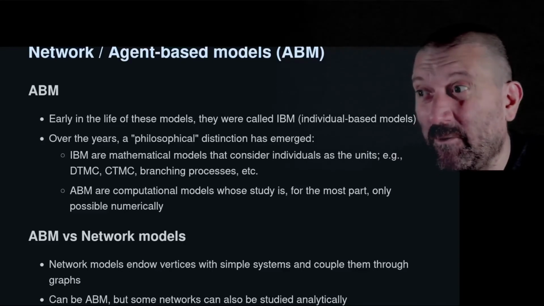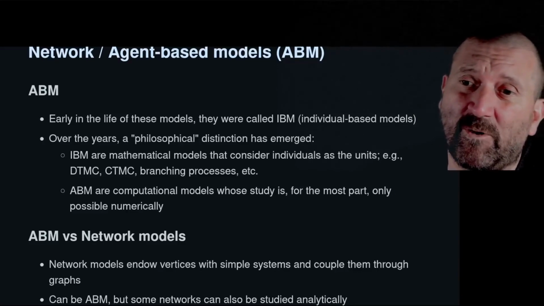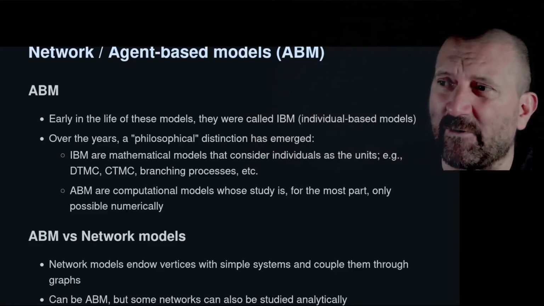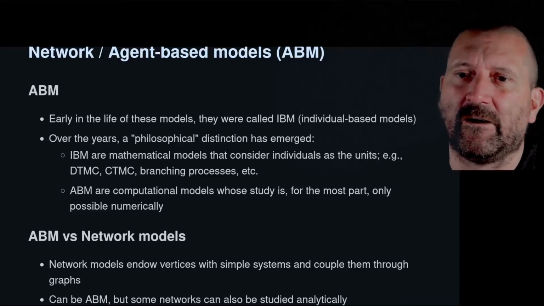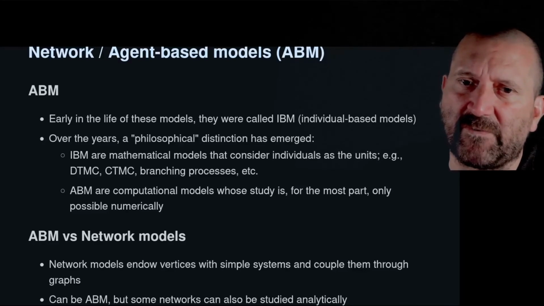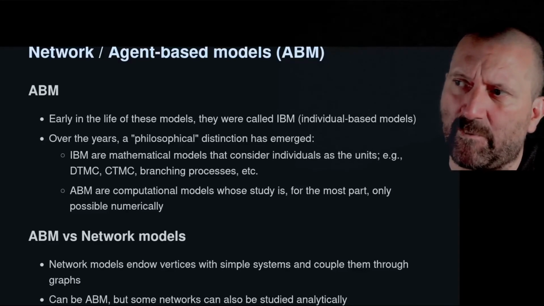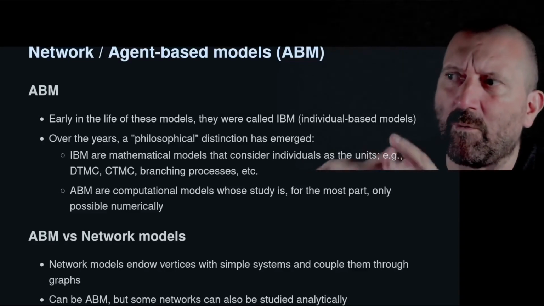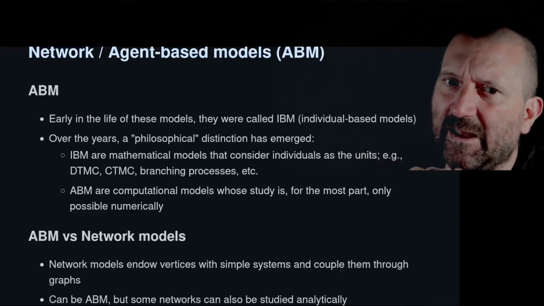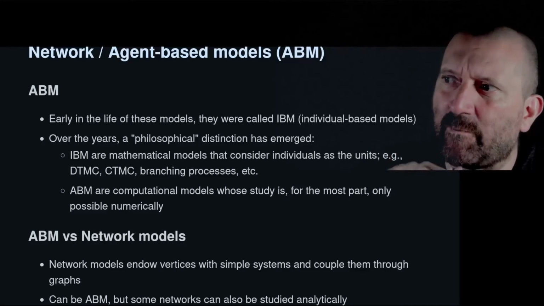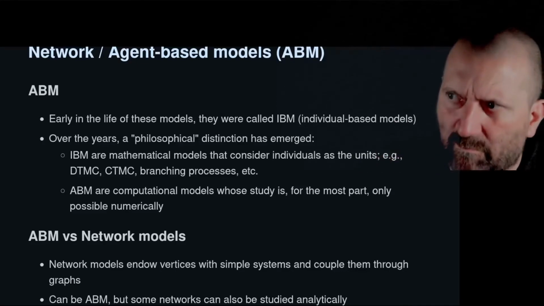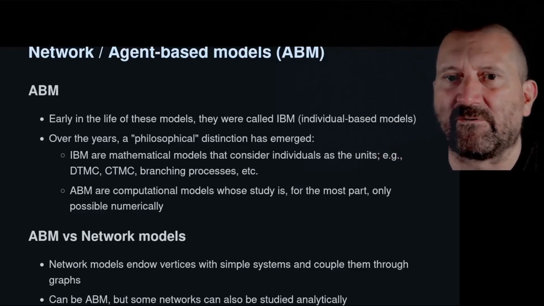I'll point out that early on, agent-based models were called individual-based models, but this philosophy has evolved, and now people tend to think of individual-based models as the more mathematical models, and agent-based models as the purely computational, computer-driven models.